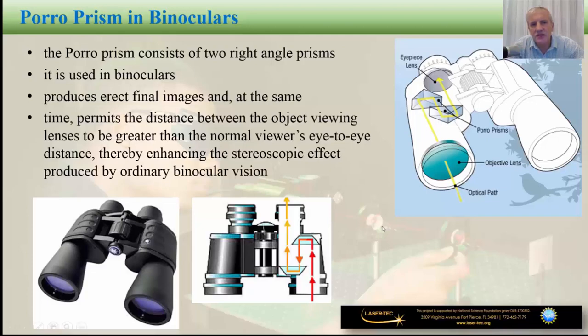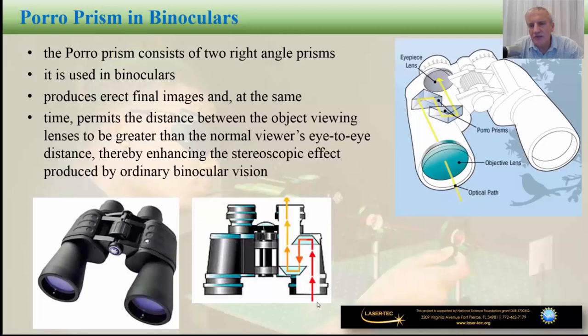The porro prism basically consists of two right-angle prisms that you can see here. It's used in binoculars, produces so-called erect final images, and at the same time permits the distance between the object viewing lenses to be greater than the normal viewer's eye-to-eye distance. What is accomplished by that is that we are able to enhance the stereoscopic effect produced by the ordinary binocular vision.